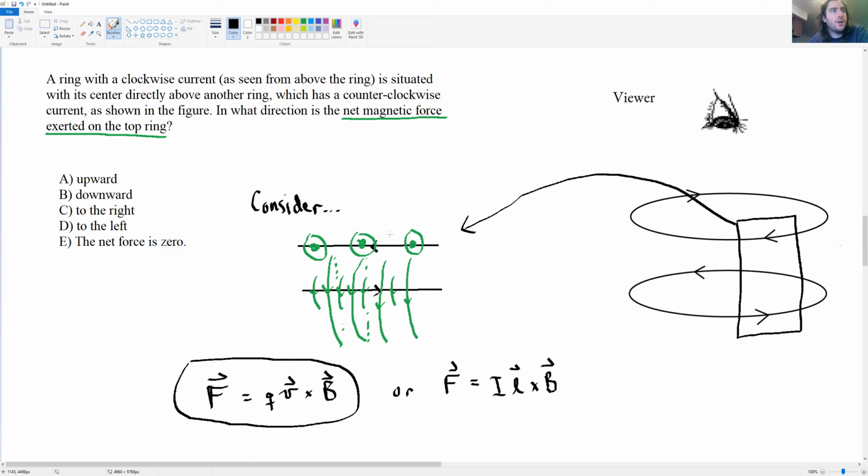If I have current flowing to the left on the screen, that means I have a charged particle here, which is moving to the left. Okay. So if my charged particle is moving to the left, I can stick my fingers in the direction of that velocity v and curl them in the direction of B. So I stick my fingers pointing to the left.